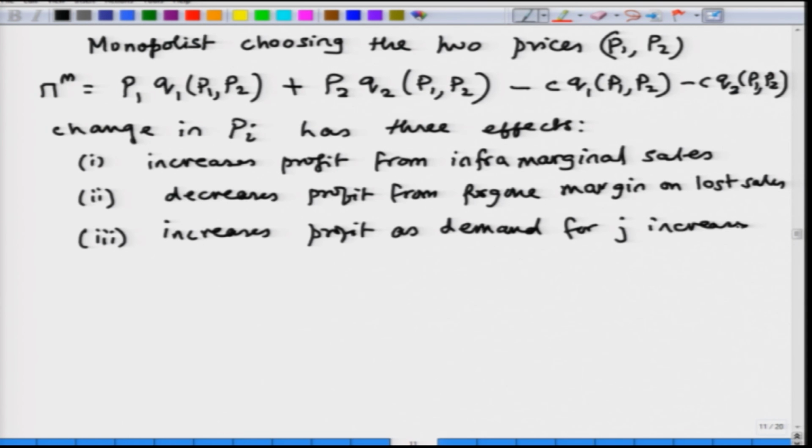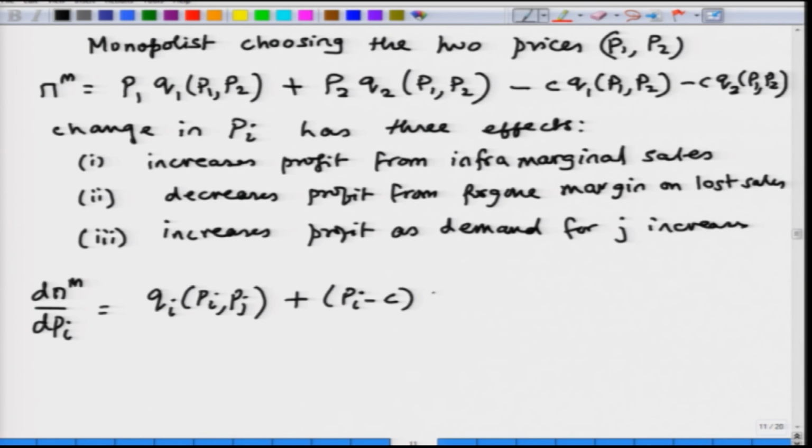So, if I take the first order condition generally with respect to Pi, where i could be 1 or 2, I would have Qi of Pi, Pj, and if I were to simplify the expression, I would get Pi minus C times dQi/dPi, right.